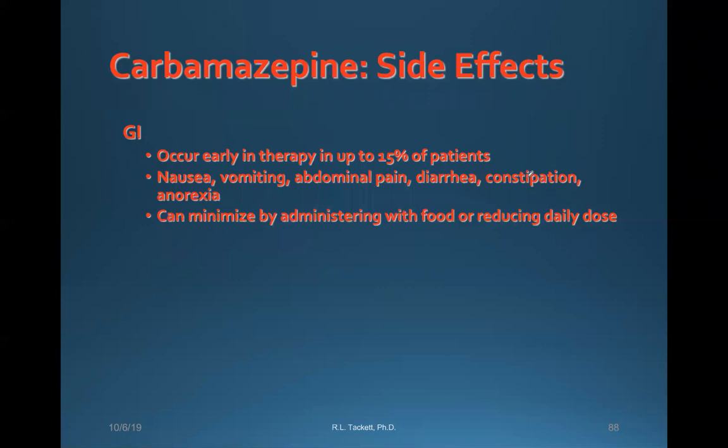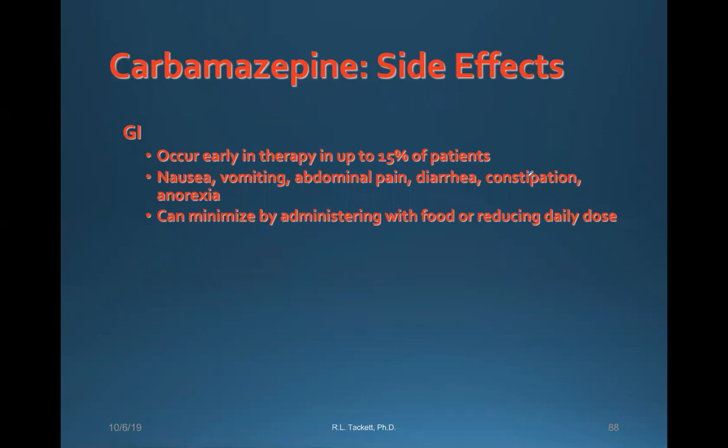The GI things, as we said earlier, occur in about 10 to 15% of patients, a lot of people suggest. Many times this can be overcome by administering with food, or the other thing you can do is sometimes reduce the daily dosage. But again, if we're at the lowest dose, then food will help.